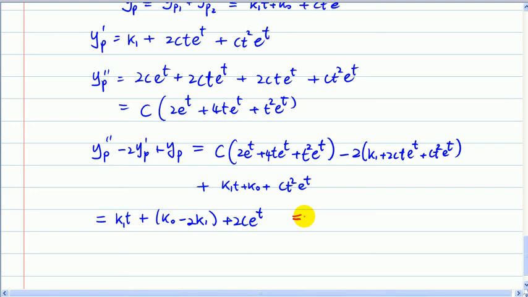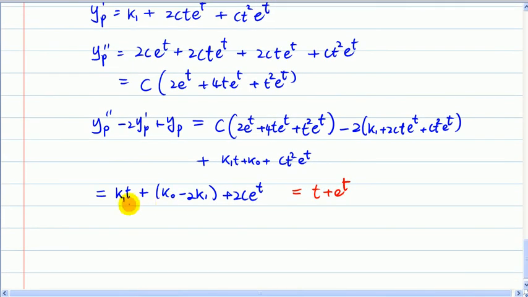Which is t plus e to the power of t. So this term equals this. Now how do I make this term equal? Basically, you need to compare coefficients here. This side is like t plus 0 plus e to the power of t.